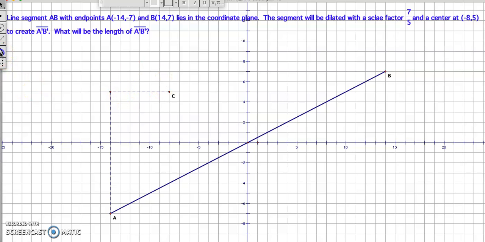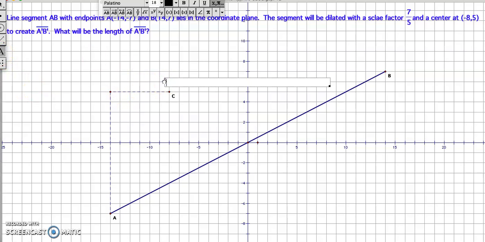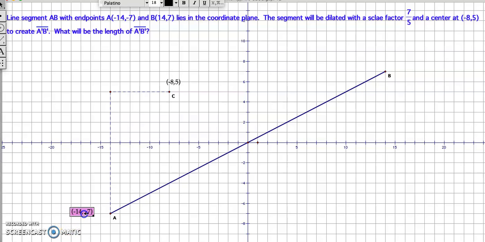And now the other thing that I want to show you is, if this is -8, 5 right over here, and we're going over to -14, 7. Here's what we can do, guys. If we know how to count, we should be good, right?